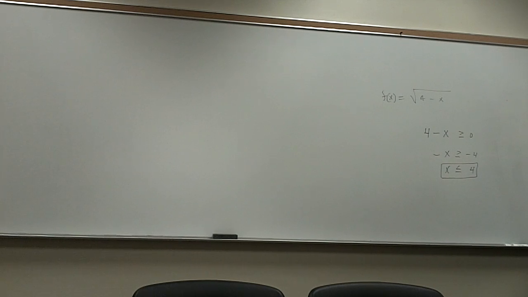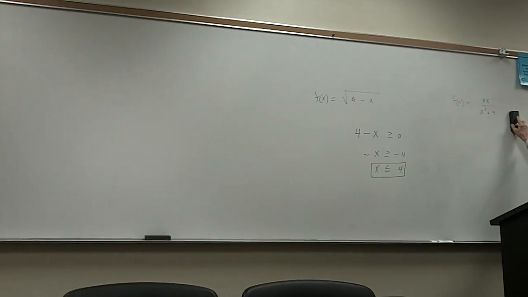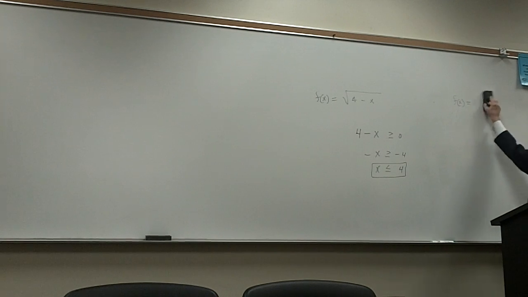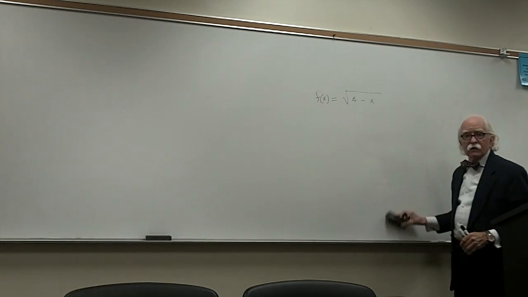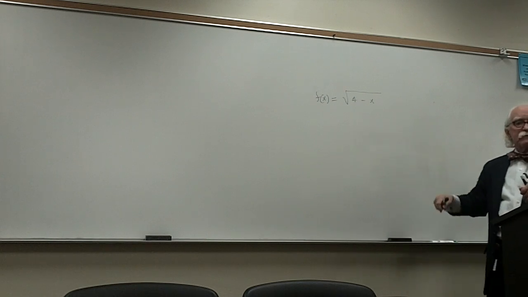You cannot possibly make that denominator 0. I don't care how hard you try, you'll never make it 0. That make sense? So all real numbers. Now, don't worry about working one like this for the range. The range is a pretty difficult one to find on a problem like that, unlike this one over here, where you can just look at it and see.